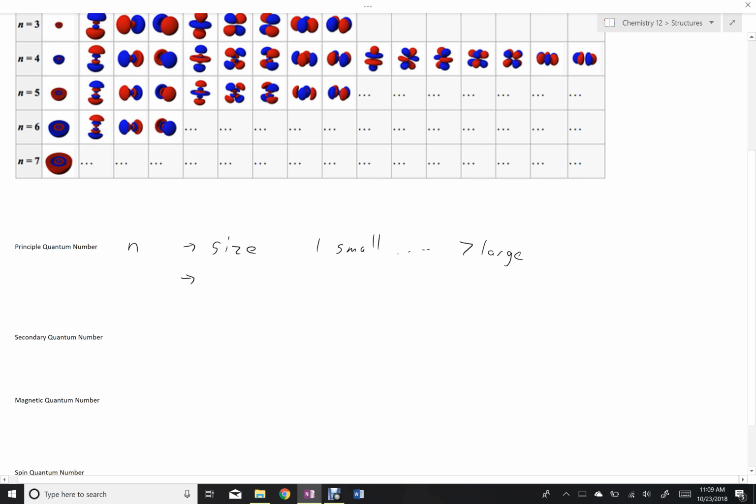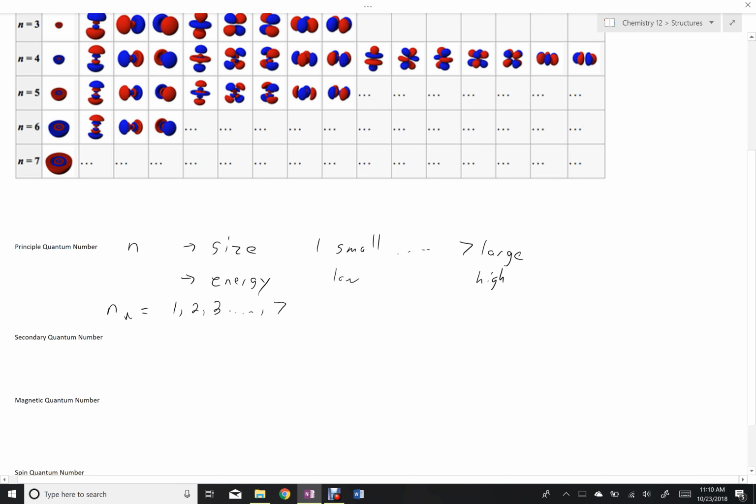And n is basically set to the integers 1, 2, 3, all the way up to 7. It also represents fundamentally the energy of the orbit, where small orbits have low energy and large orbits have high energy. That's the principal quantum number.